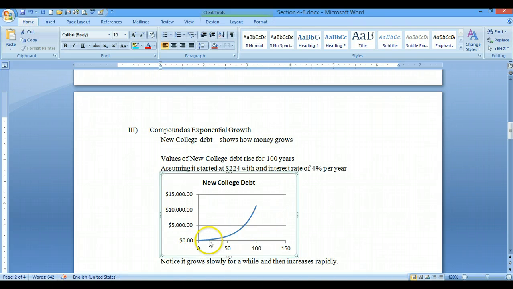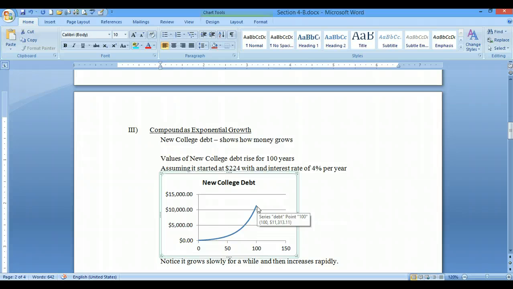Notice it really stays low for quite a while, and then after 50 years it kind of gets a little higher. The next 50 years, notice how much it jumps. I would say we're maybe at $1,000 here. From there, clear up to past 10,000.